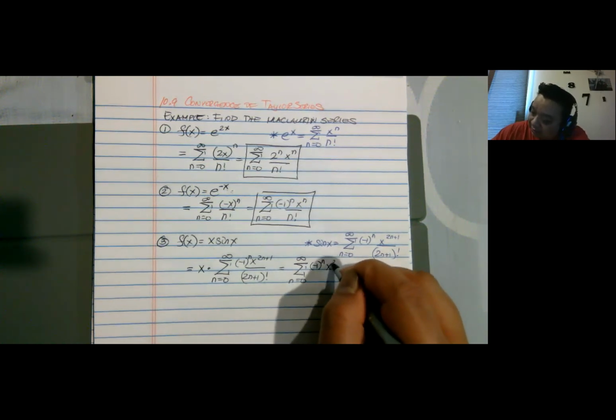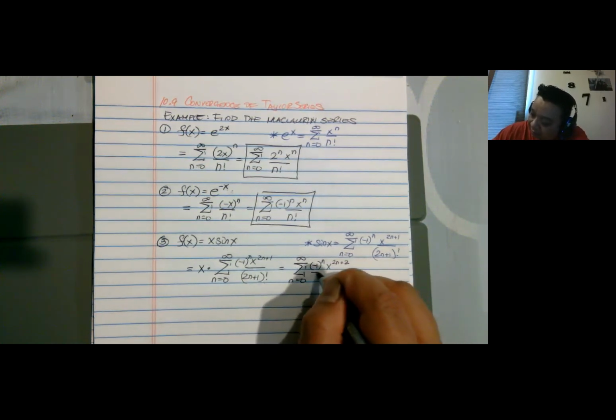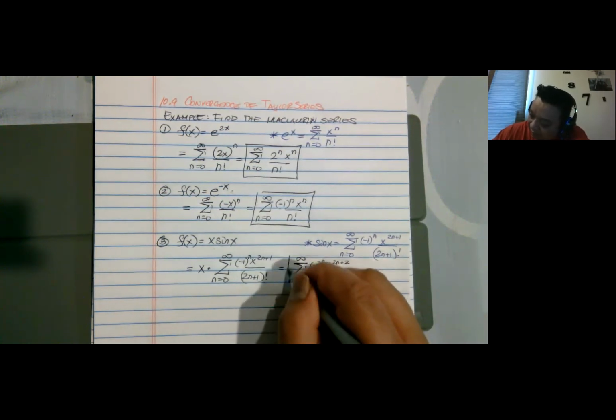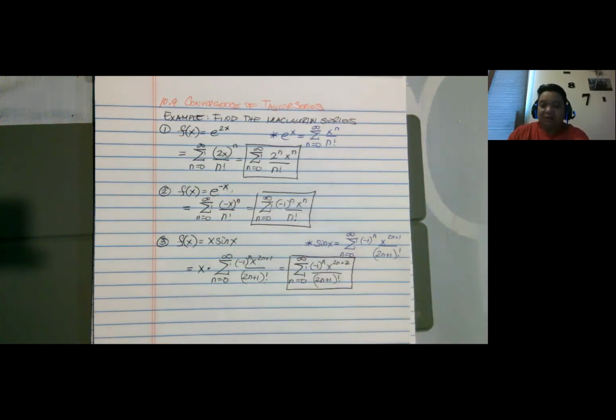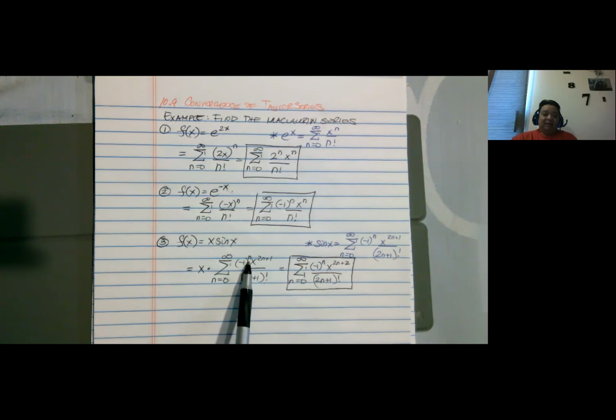So it's x to the 2n plus 2 power all over 2n plus 1 factorial. And there is your power series. Any questions on that? Yes, the -1 still has the n power.